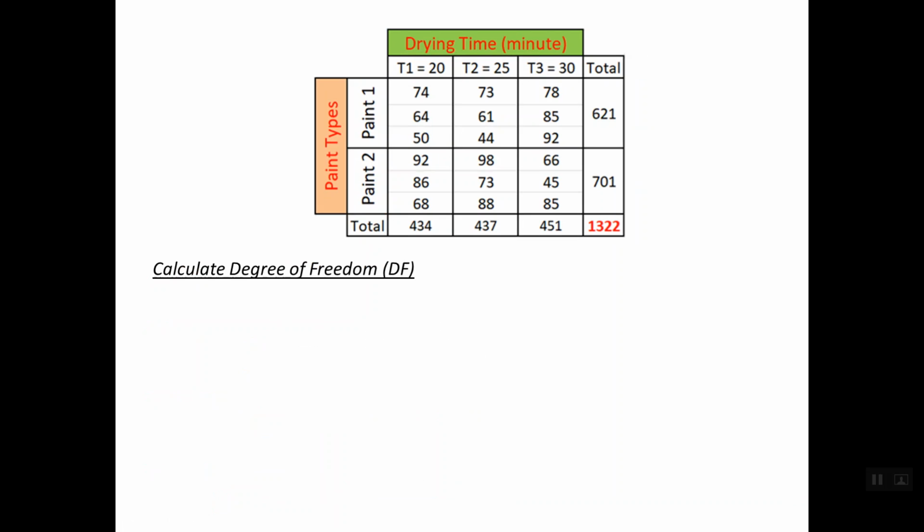First of all, let's calculate the degrees of freedom, df. So first, for the first factor, which is the paint type, the degree of freedom for this factor can simply be obtained as the number of paint types minus 1.